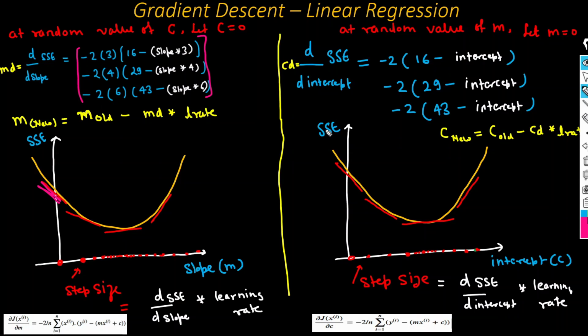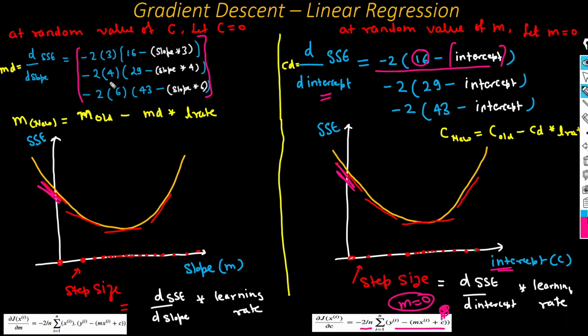And in the same way we can calculate the slope with respect to intercept, and our equation will be like this. Here your m will be 0, so we will get y minus c. Y is your actual and c is your intercept. That's why I am getting this particular output.